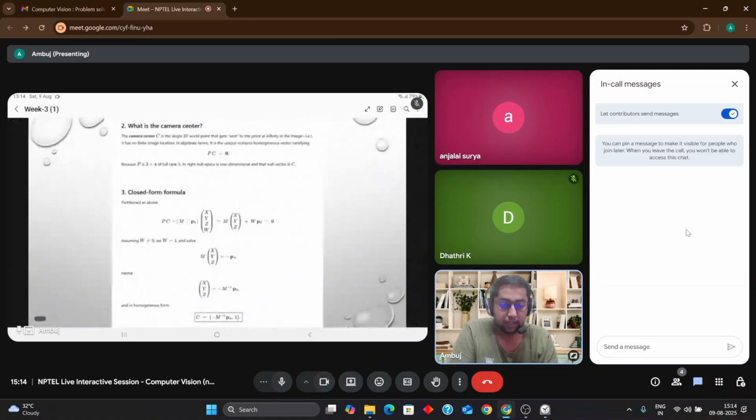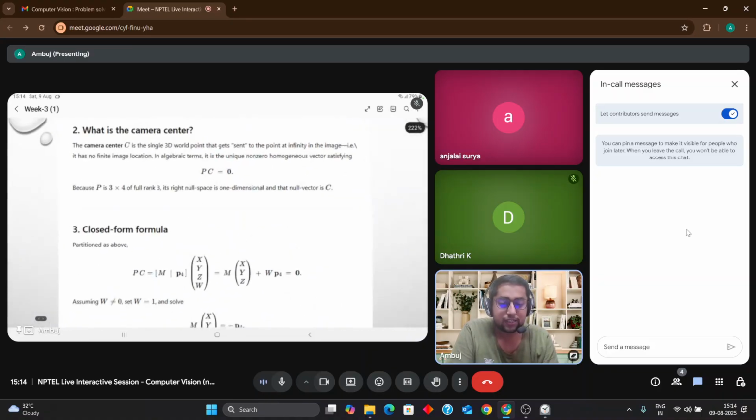Now try to see what the camera center is. The camera center is the single 3D world point that gets sent to the point at infinity in the image, that is, it has no finite image location. In algebraic terms, PC equal to 0.